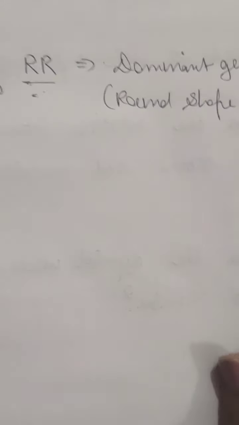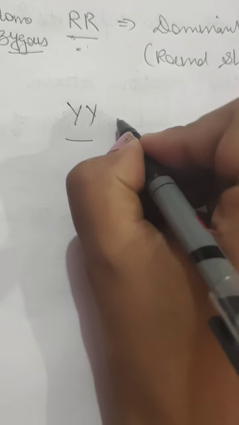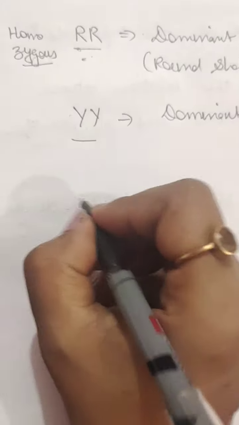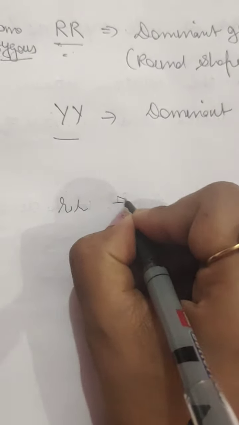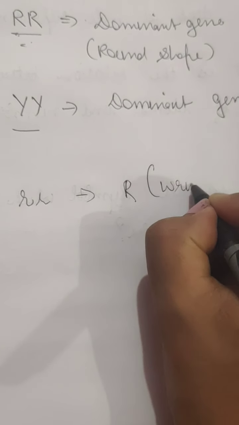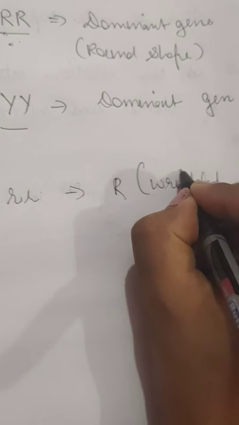And this Y and Y again is homozygous, and again dominant, so capital letters are for the dominant gene, and this Y stands for the yellow color. Then small r and small r is recessive, and this is wrinkled shape.